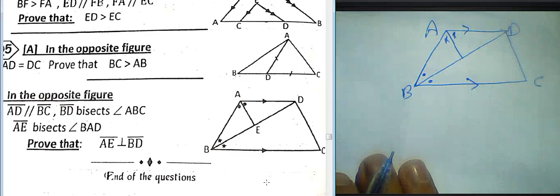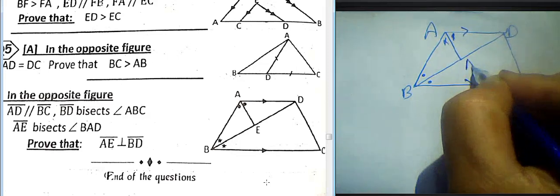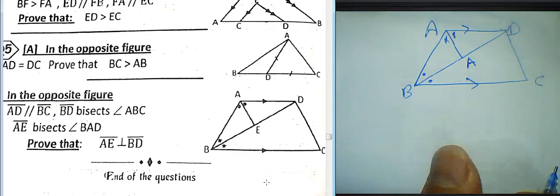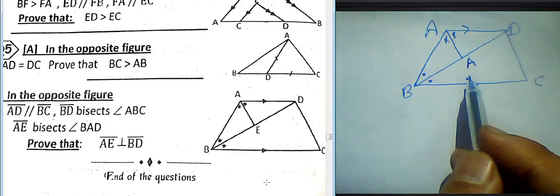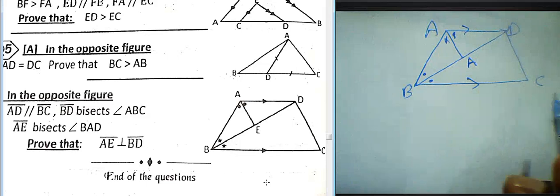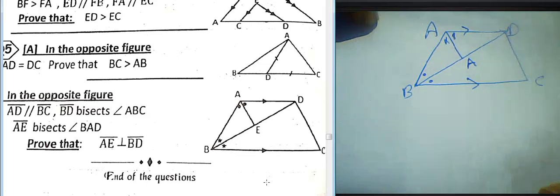You want to prove that AE is perpendicular to BD. Think about how you can solve this example. He gives us a parallel in this example.